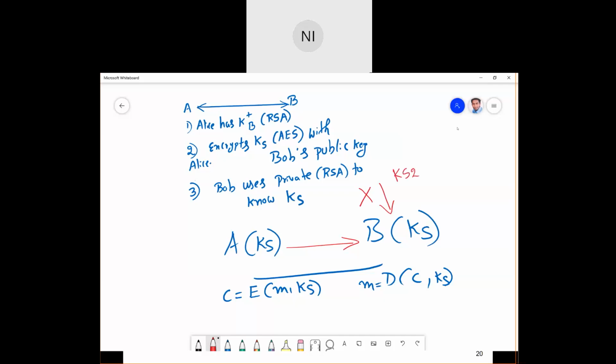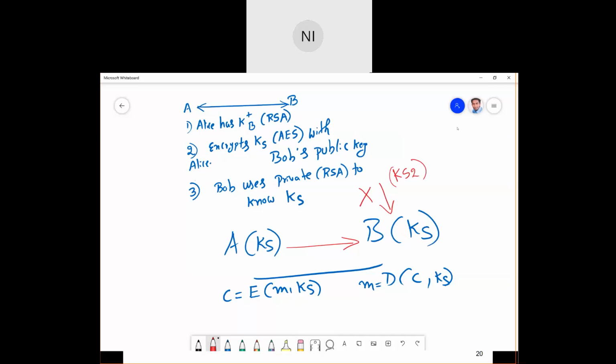In this case, X and B exchange this new session key again using RSA. X encrypts the session key using Bob's public key.